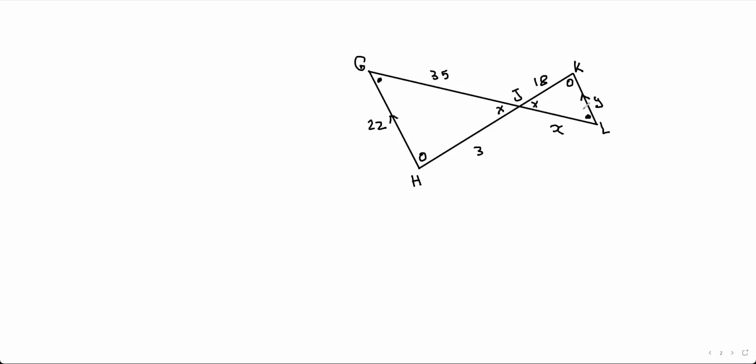So because my unknowns are in this triangle right here, I'm going to work from here to here. So what I'm going to do, I'm going to say y over, y is from the shaded dot to the circle, and therefore y is proportional to this side here, the GH, which is the 22. So I'm going to go y over 22 equals the 18, which is this side right here.